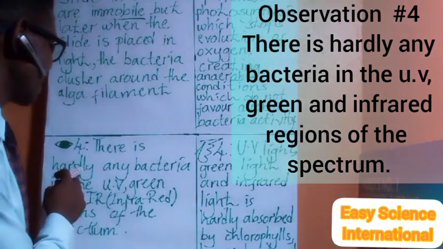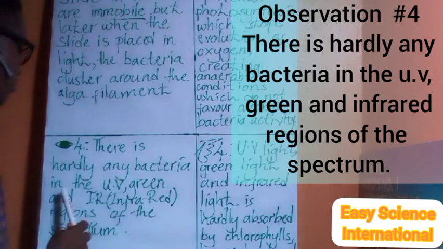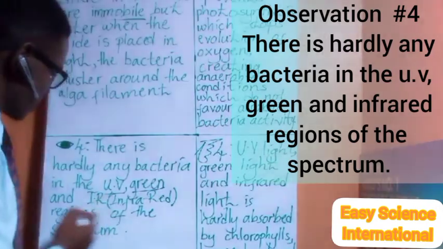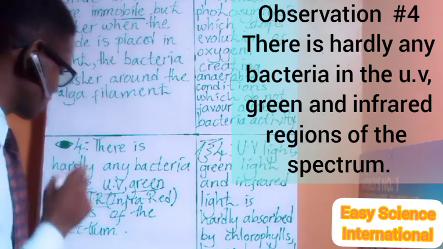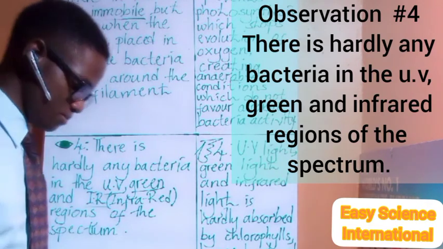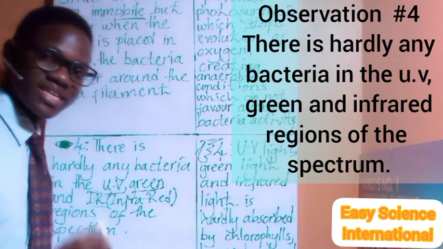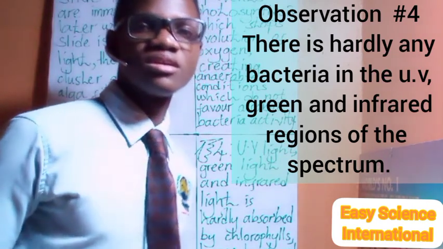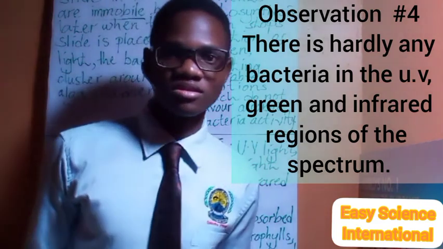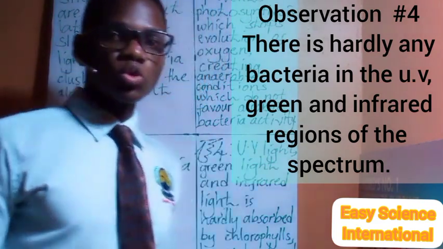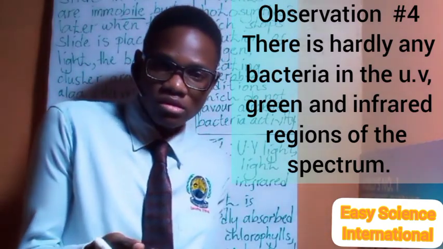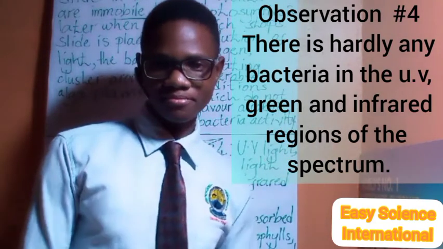There is hardly any bacteria in the UV, green, and infrared regions of the spectrum. There is hardly any bacteria found there. So hardly means that you might find there one, but not in a cluster.